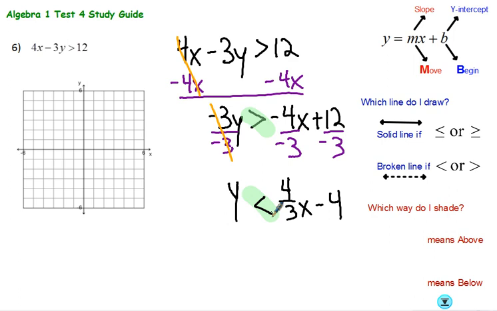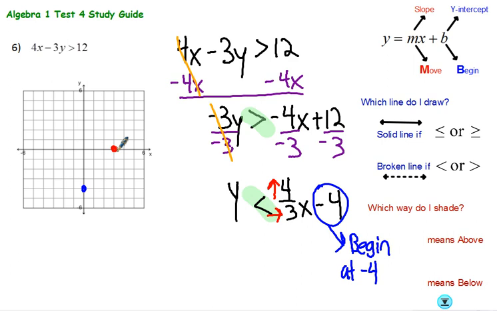All right, well, let's graph it. Hopefully at this point we're feeling pretty good about the graphing. Begin at negative 4. And our slope would be up 4, right 3: up 1, 2, 3, 4, right 1, 2, 3.